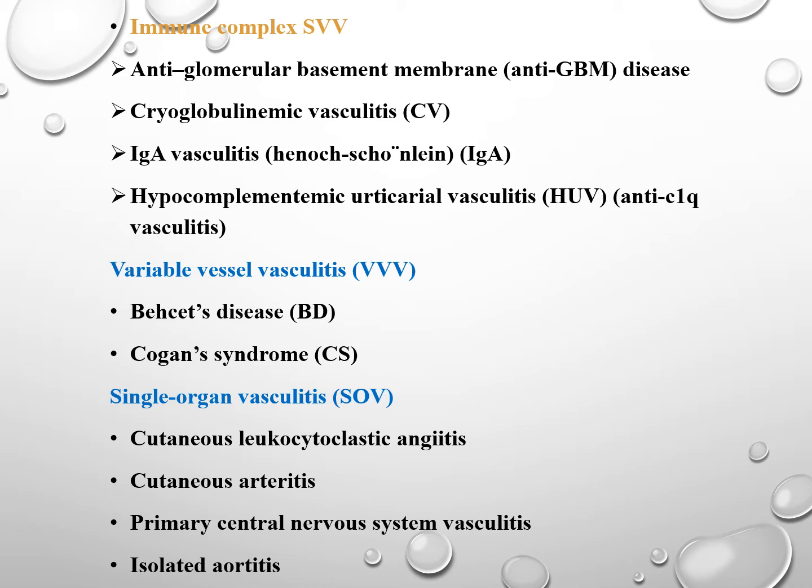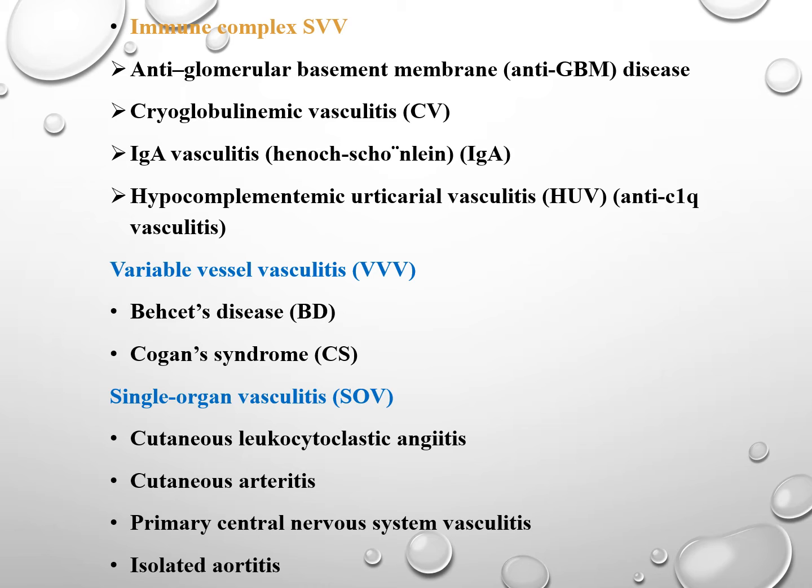What about the variable vessel vasculitis that was not mentioned in the previous classifications? It includes Behçet's disease and Cogan syndrome, because these two diseases share the common feature of affecting large vessels as well as small vessels, which makes them unique to have their own group entity.